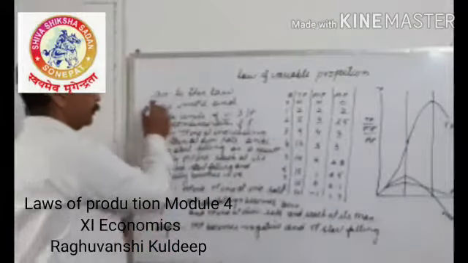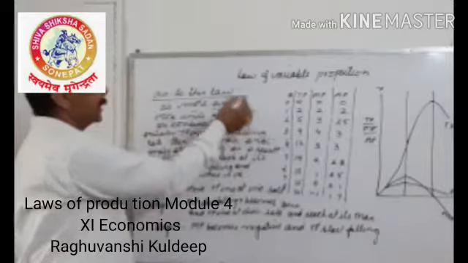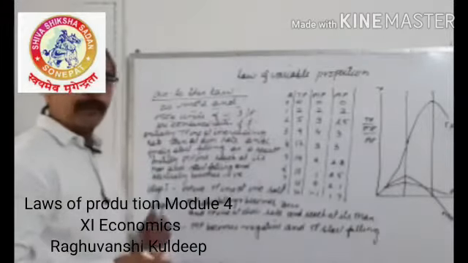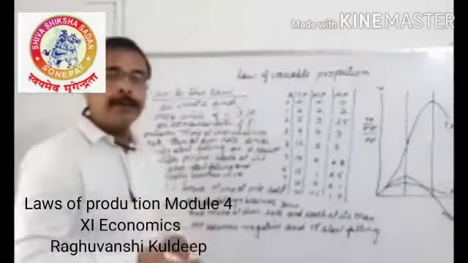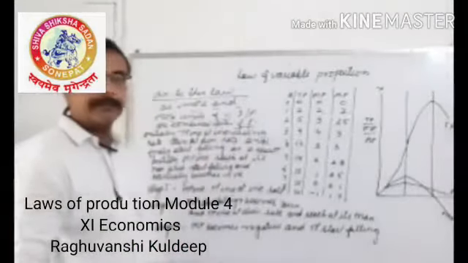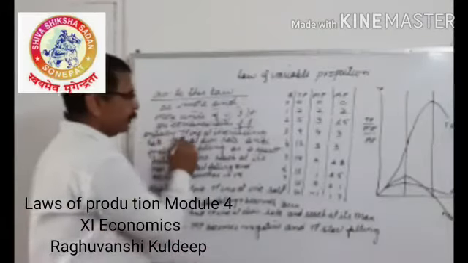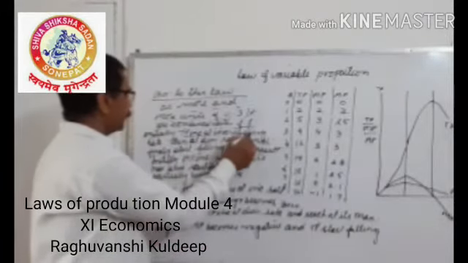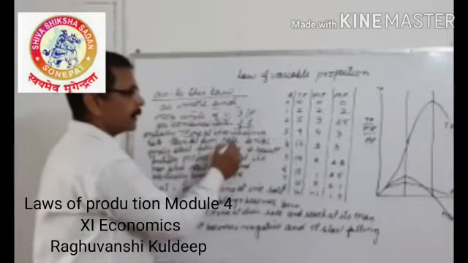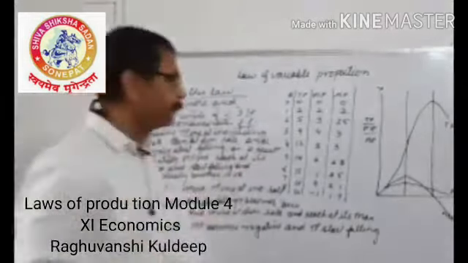What does this law say? According to this law, as more and more units of variable input are combined with a fixed factor, what happens? Initially TP will increase at an increasing rate, then at a diminishing rate, and finally start falling. That is about TP.